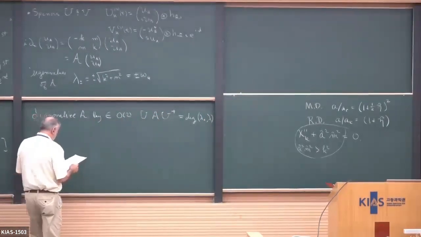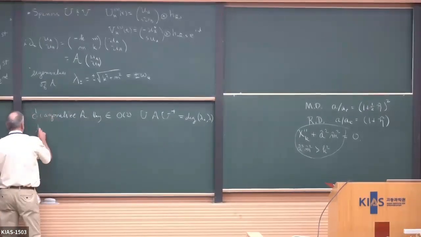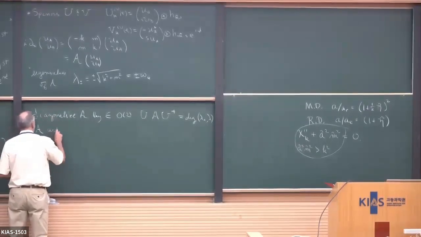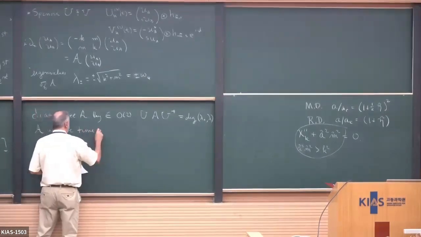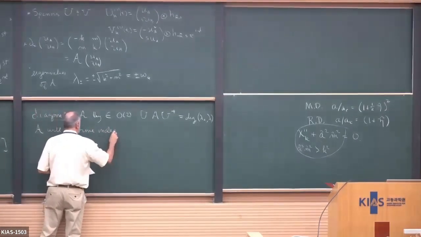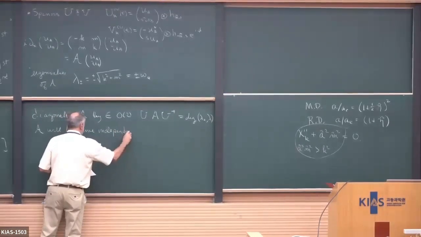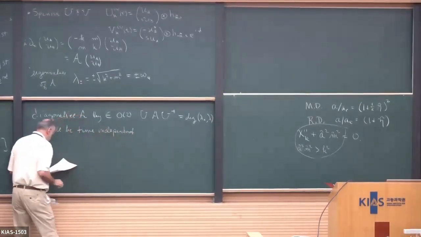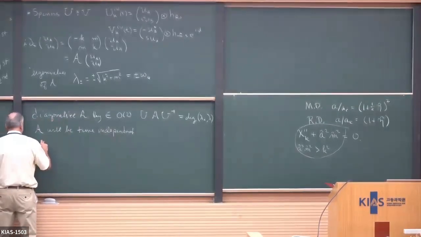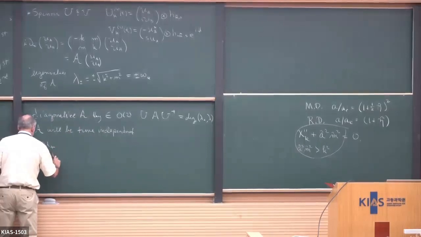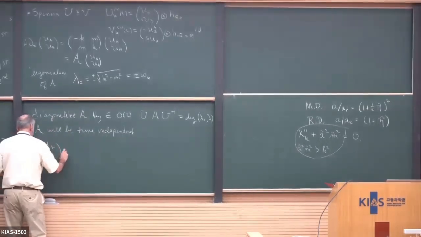Now, A is going to be time independent in this case. And in the new basis where it's diagonal, we can call it U plus and U minus.